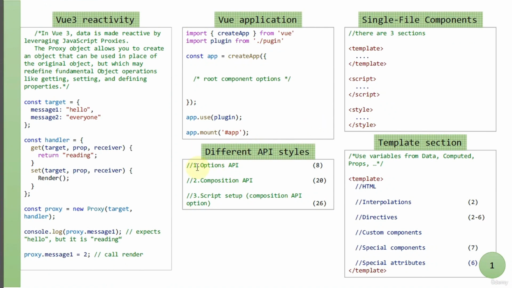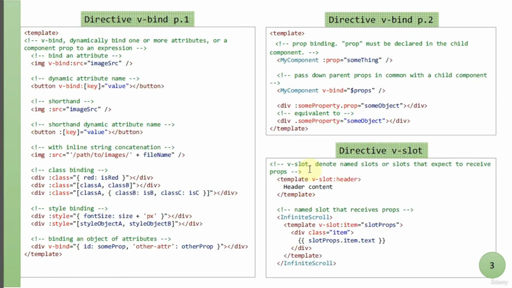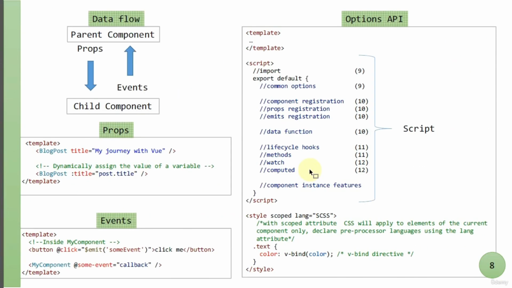The first part of my course will be about Options API. So please open page number 8 and here is an information about Options API. So when you use Options API, the script section can contain these instances. As you see, the script section has an export default object.